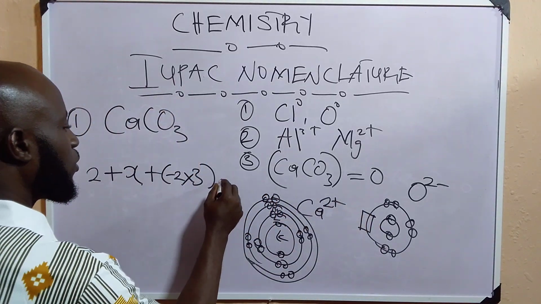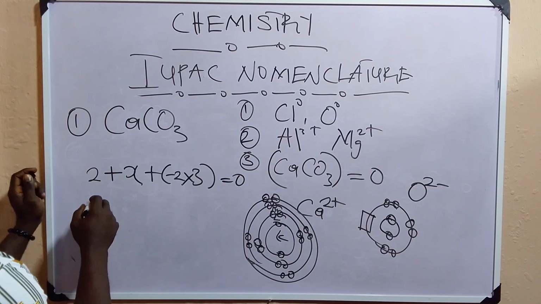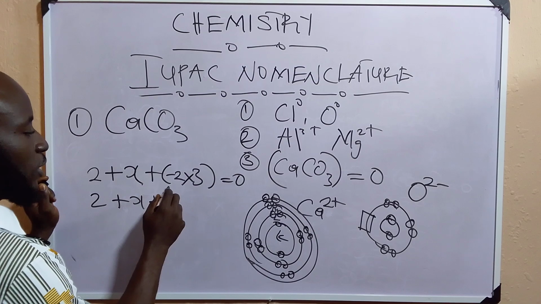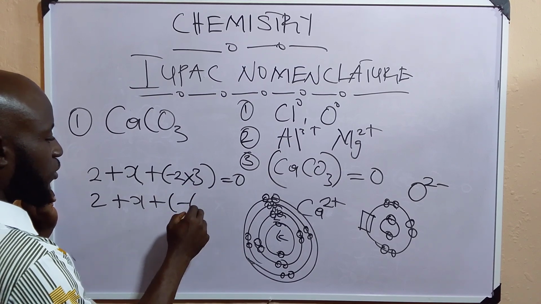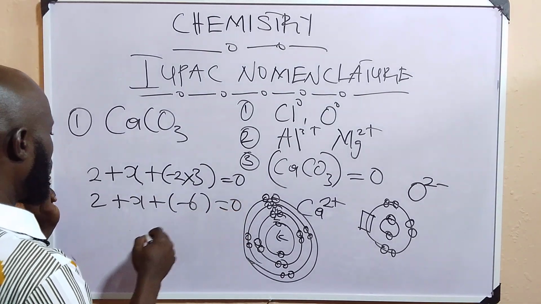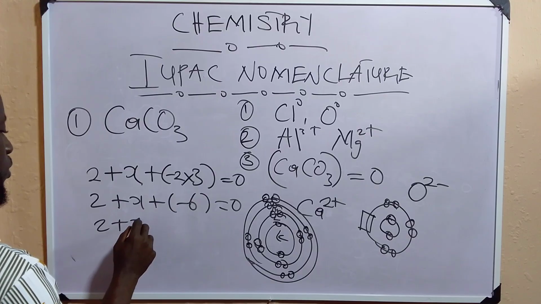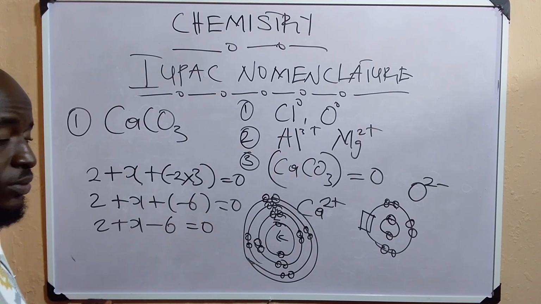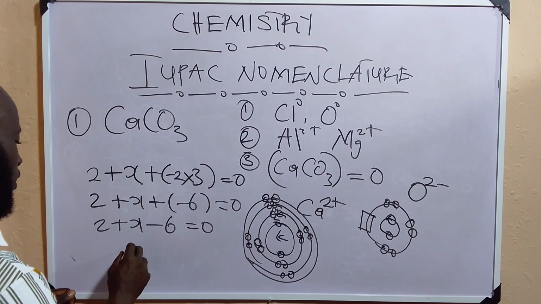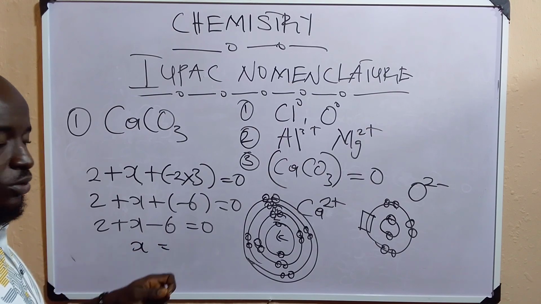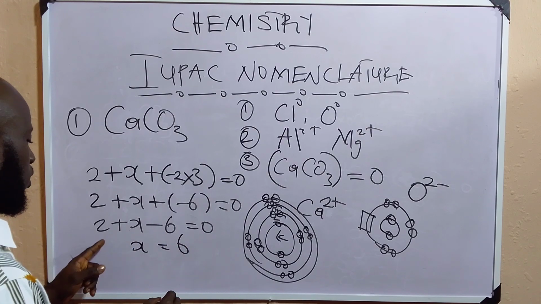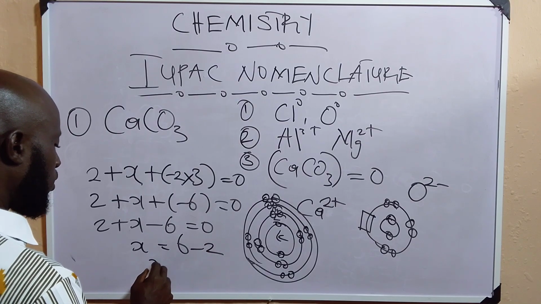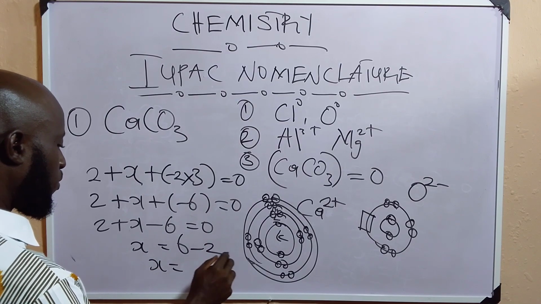So this is equal to 0. 2 plus x plus minus 2 times 3, which gives minus 6, is equal to 0. We have 2 plus x minus 6 equals 0. So we collect like terms. x is equal to 6 coming to the other side, we give a positive 6. 2 coming over to the other side, we change to minus 2. So x equals 6 minus 2.